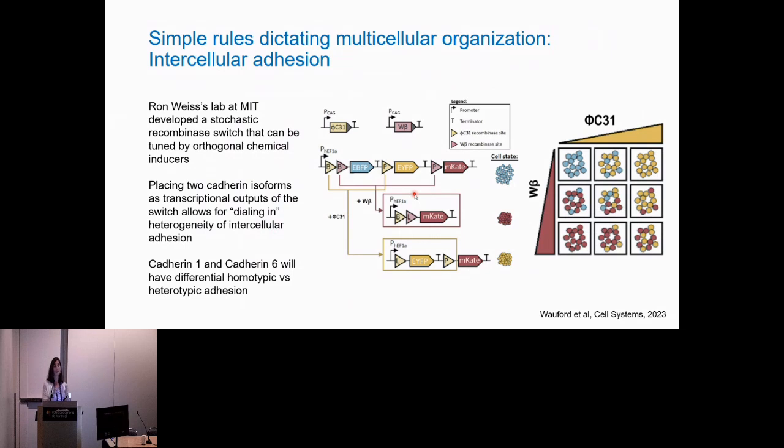And based on the concentration levels of either one of those chemicals, he can bias that stochastic switch towards one cadherin isoform or another cadherin isoform.